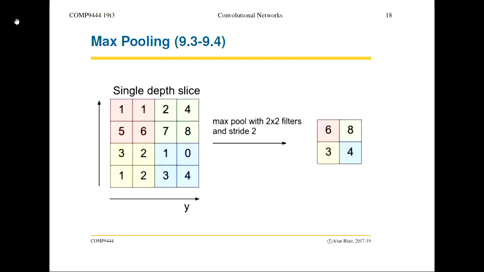And in each group of 2 by 2, I pick out the maximum activation of all the 4 nodes in that group. This is called max pooling. So you see here, you got 1, 1, 5, and 6. The maximum of those numbers is 6. You got 2, 4, 7, and 8. The maximum of these numbers is 3, and the maximum of those numbers is 4.